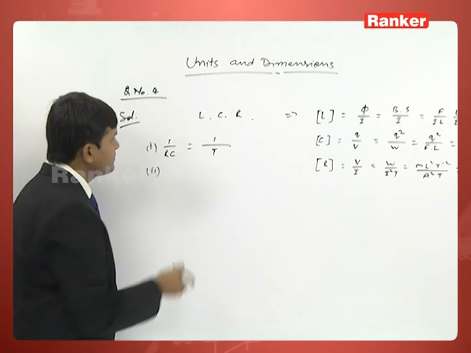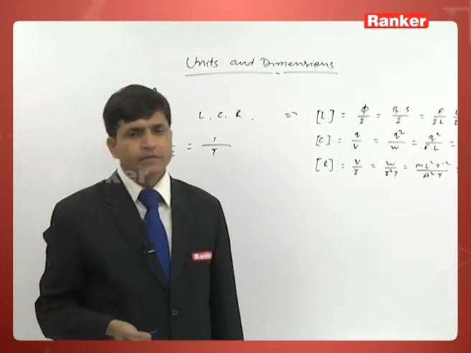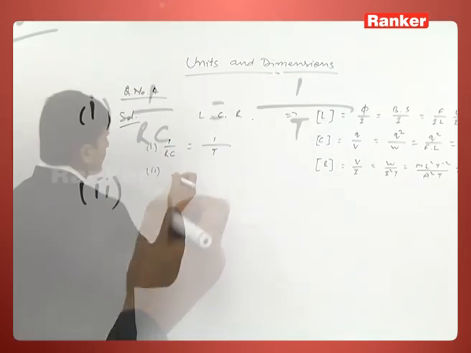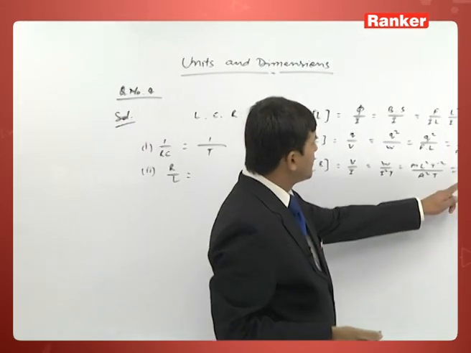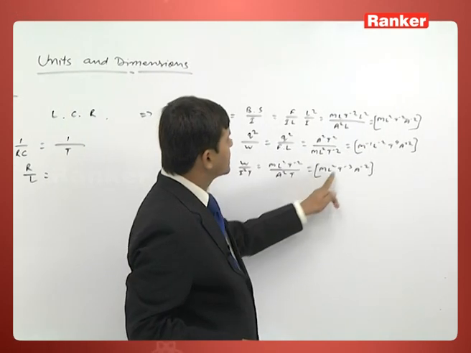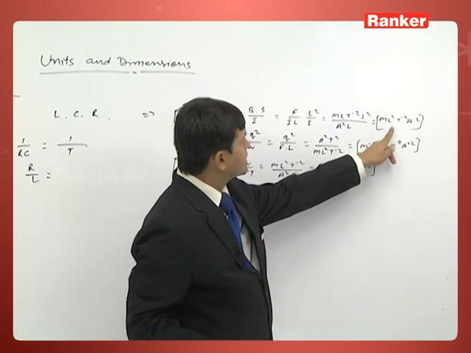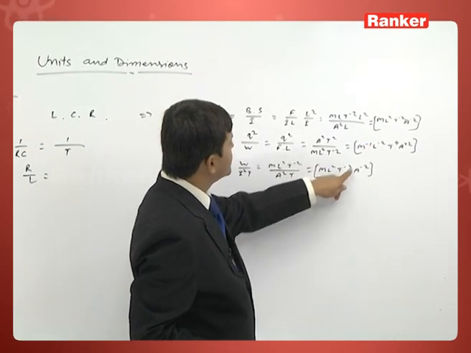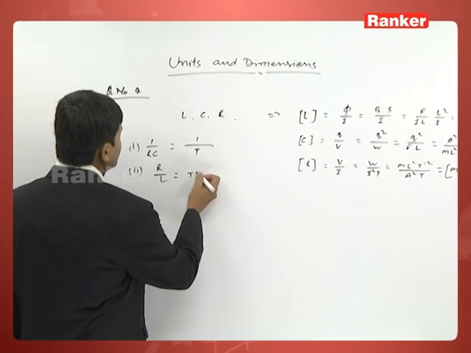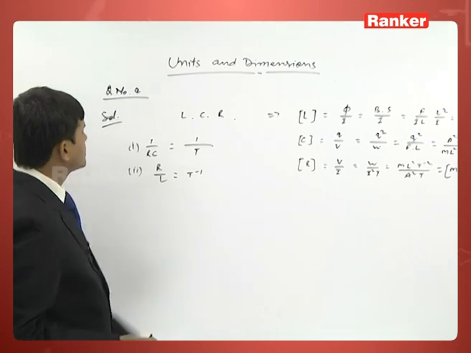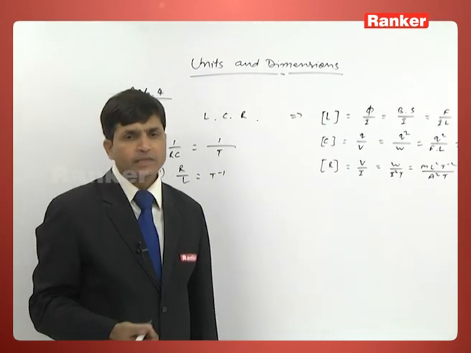Similarly, if we look at the second option, R by L, when we do this, M cancels, L square cancels, A cancels, and with T minus 2 we get T minus 1. So this is also the dimension of frequency.